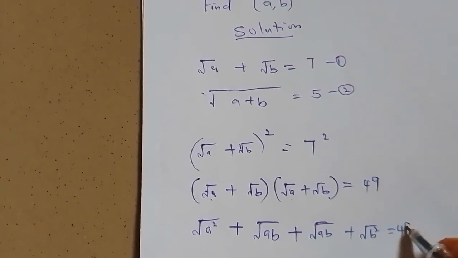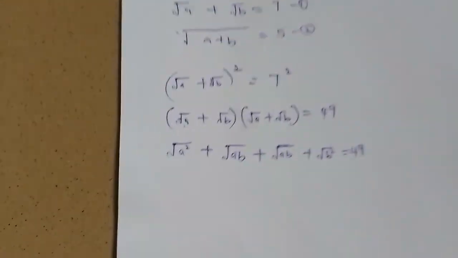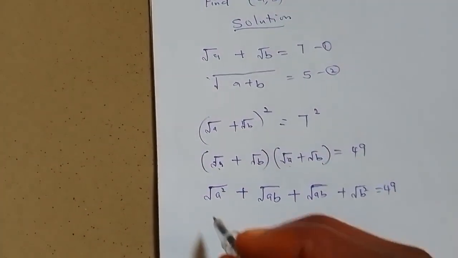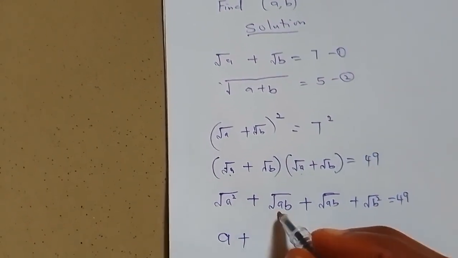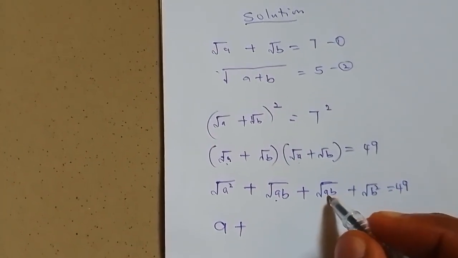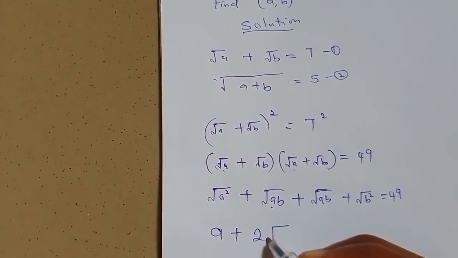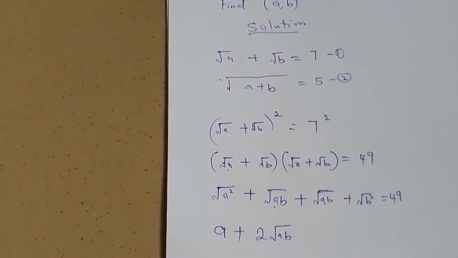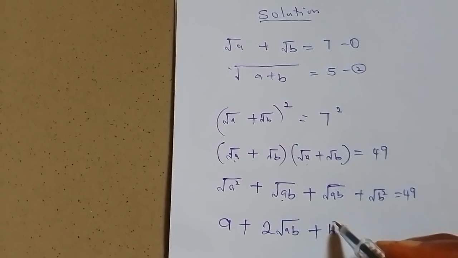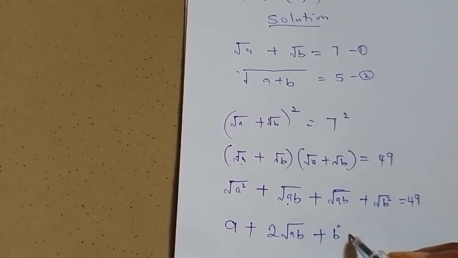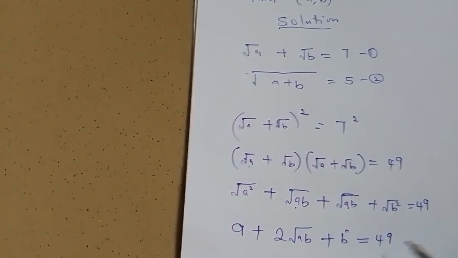We have 49 at the other side. Now square root of a squared is the same thing as a, plus we have root ab here, another one here, that is 2 root ab, right? Then plus the square root of b squared will also give me b. The square will take care of the square root, equals 49.